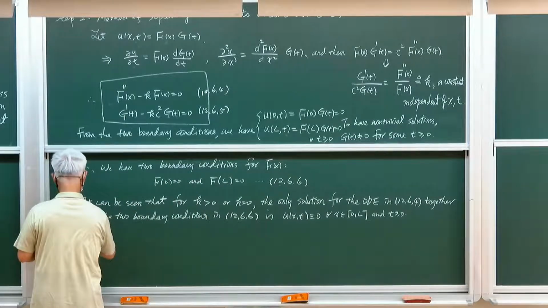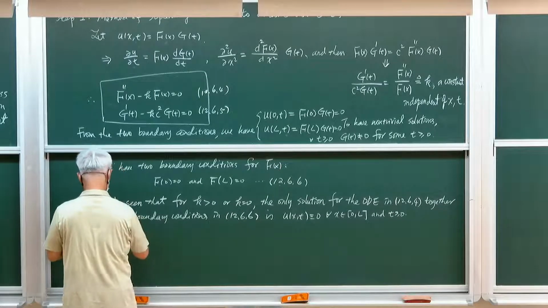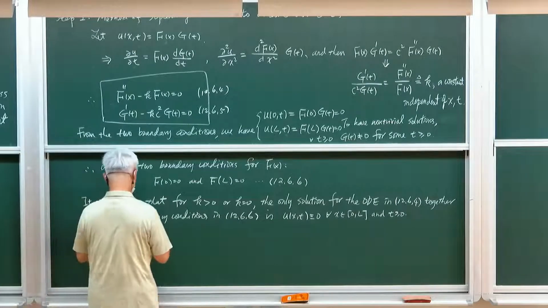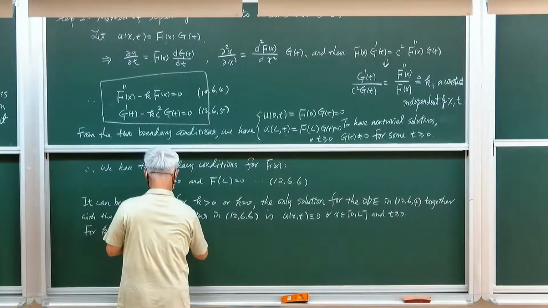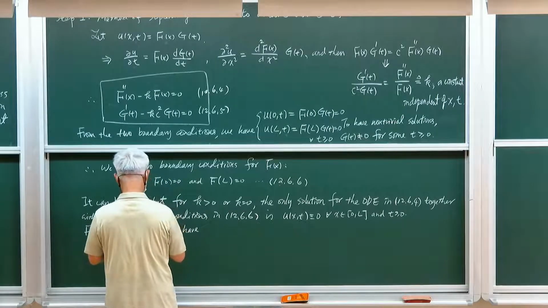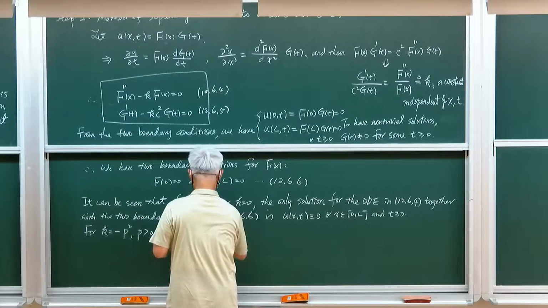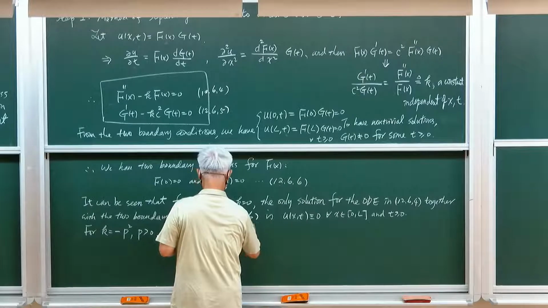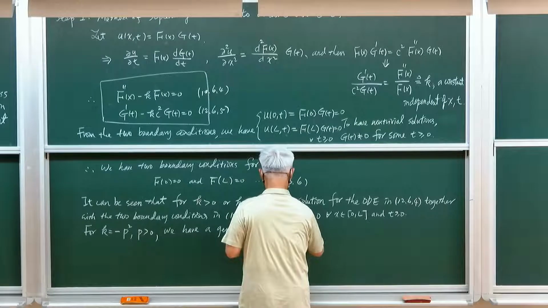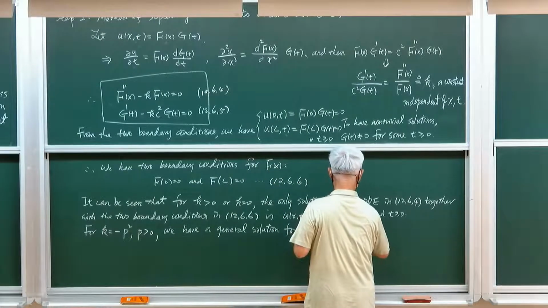But for k equal to minus p squared, p greater than 0, which means that when k is negative, we have a general solution for the ODE in 12.6.4.